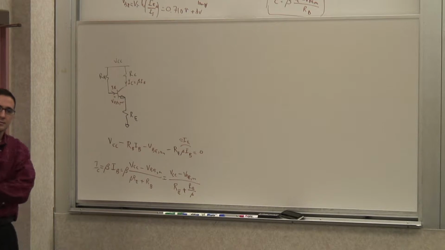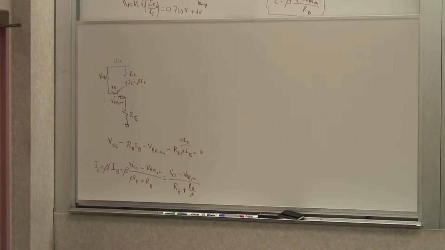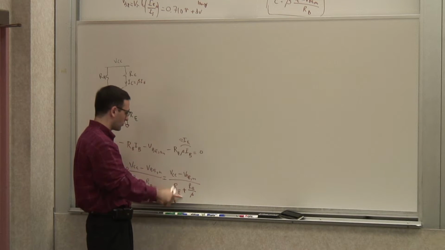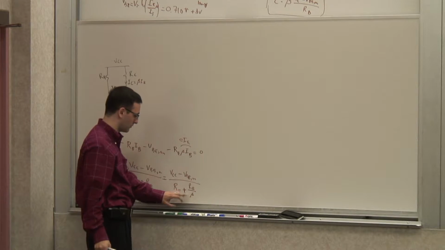Did I do better in terms of dependence on beta? Yes. Right? For as long as RE is comparable to or greater than RB over beta, then I don't have a proportionality. If RE is 0, of course, it reduces to the previous expression, right? It becomes proportional to beta.